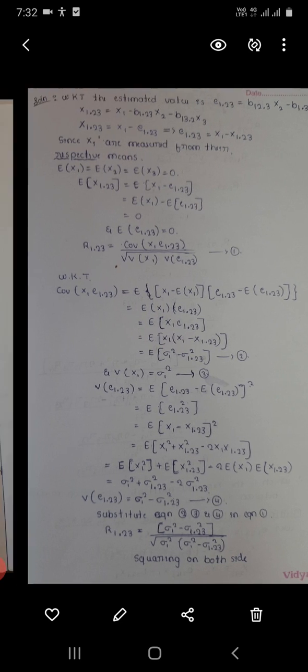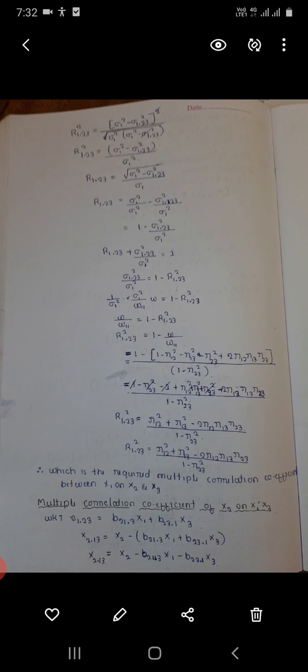Now, squaring on both sides, R1.23 square is equal to sigma 1 square minus sigma 1.23 square, that bracket square, divided by sigma 1 square into sigma 1 square minus sigma 1.23 square. The common factor is cancelled, so R1.23 square is equal to sigma 1 square minus sigma 1.23 square divided by sigma 1 square.